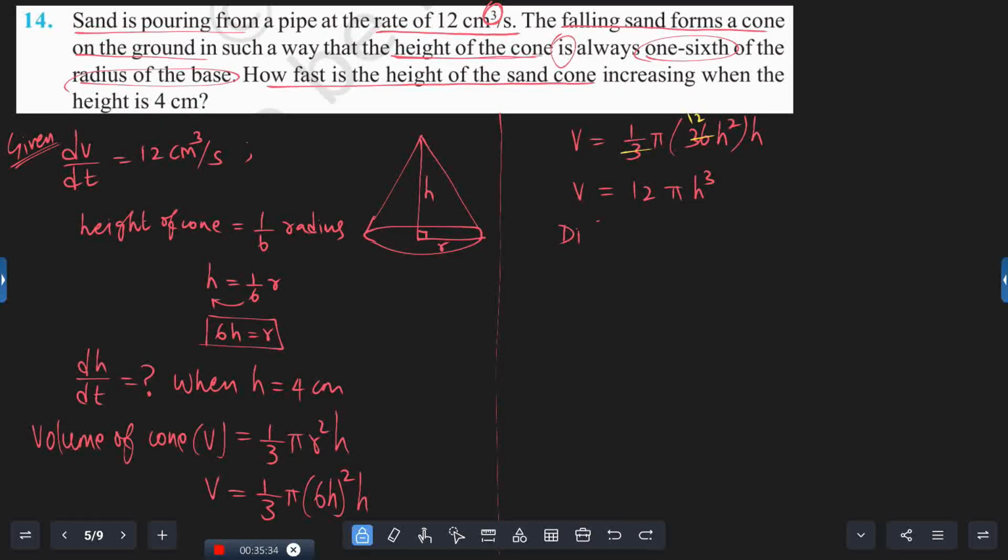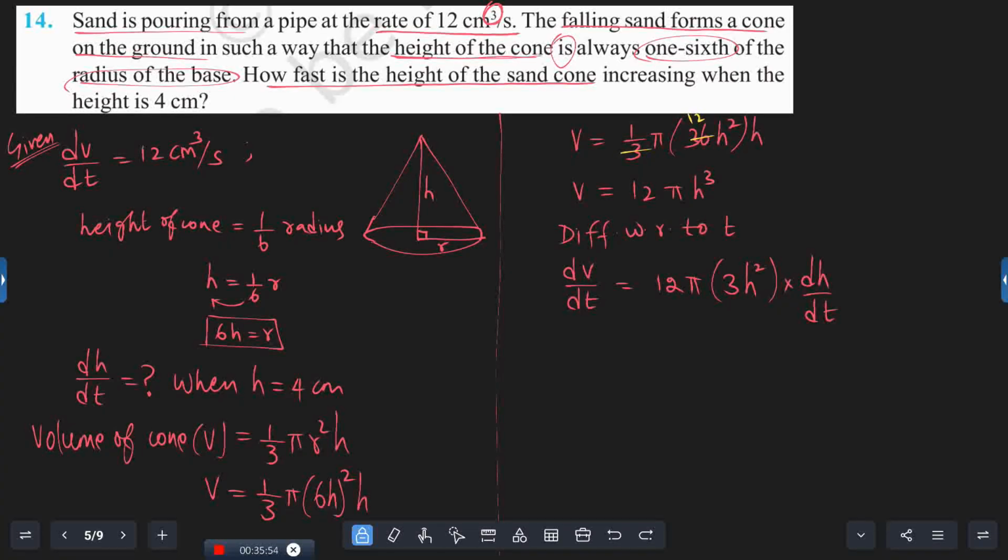Differentiate with respect to t on both sides. So dV divided by dt is equal to 12 pi, a multiplying constant, times h cube differentiated: 3 times h square into dh divided by dt.